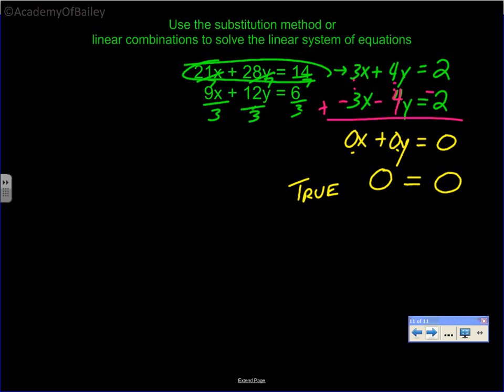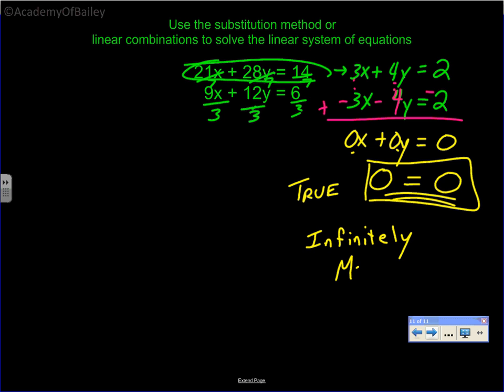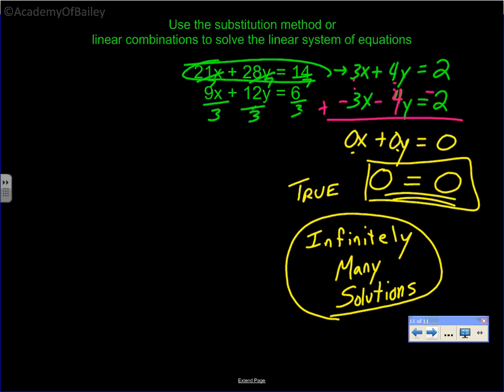So if we come up with a statement involving numbers without variables, and that's a true statement, then, unlike the last example, which was a false statement and had no solutions, this will have infinitely many solutions. Infinitely many solutions.